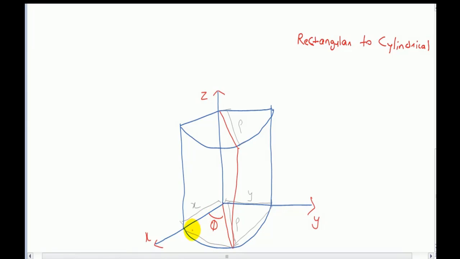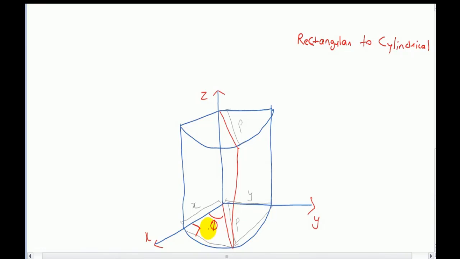So you can see here, this is the projection of rho from here to here. If I consider this triangle, this is a right angle triangle where this is 90 degrees, and rho is acting as the hypotenuse of this triangle. So this is x, and this will be the same as y.